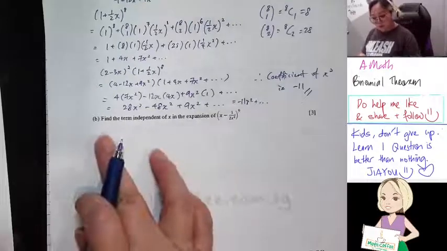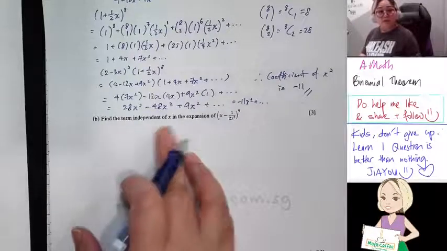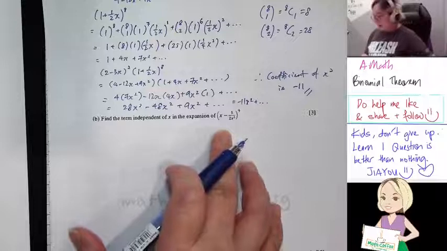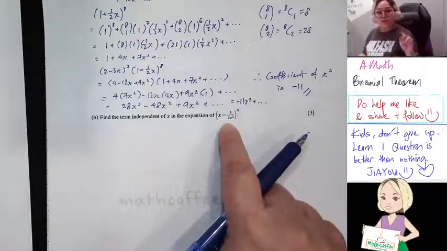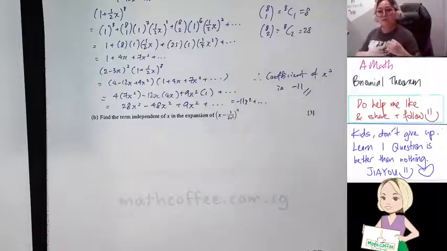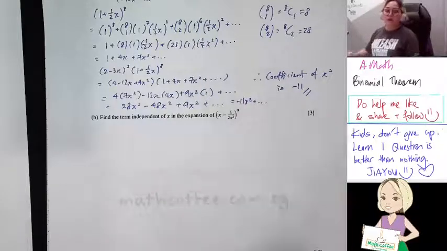So next, it asks you to find the term independent of x in the expansion of this. Now look at this. We have basically 2 cases. It depends on the question. You cannot just ask me how many terms we need if the question asks for x cubed.